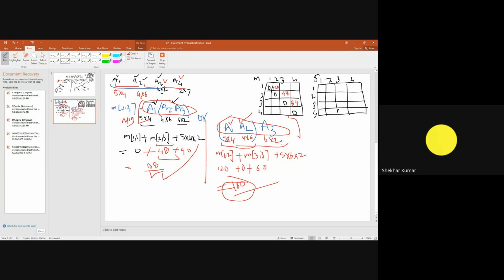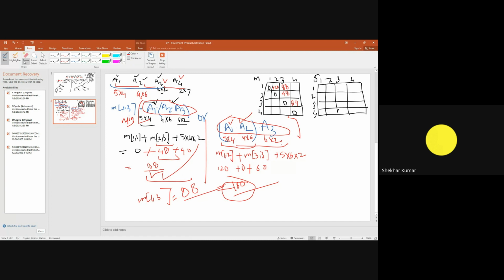The minimum cost is 88. So the cost of multiplying these three matrices will be 88, because it is the minimum. So I will write M[1,3] as 88. Now I will calculate the next one.